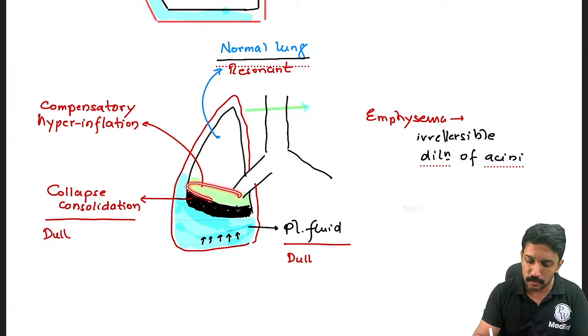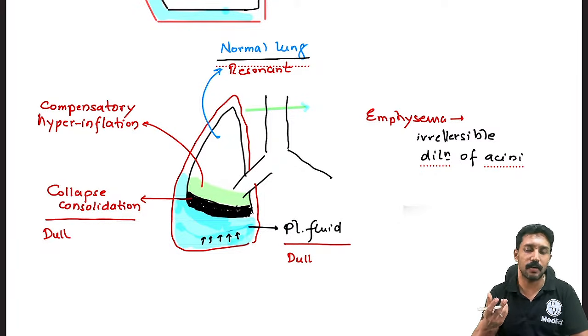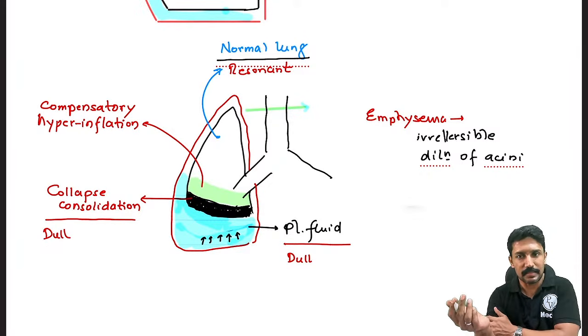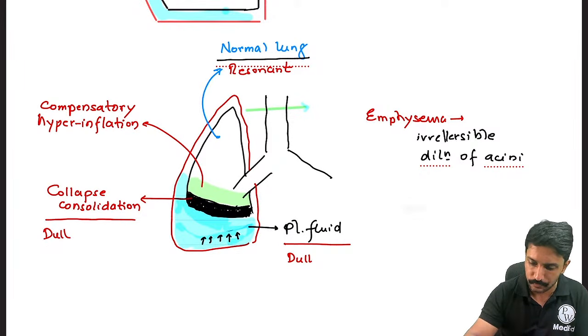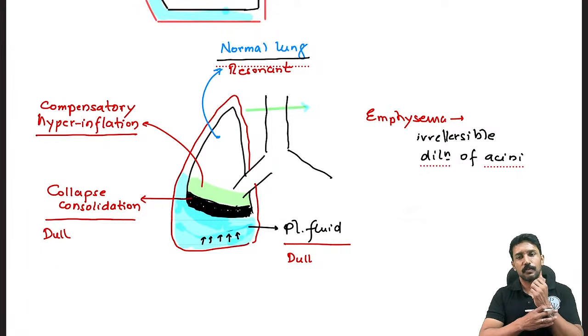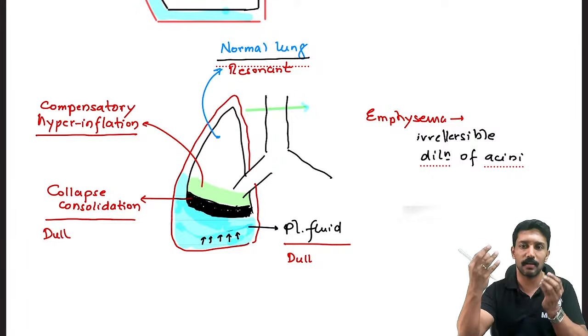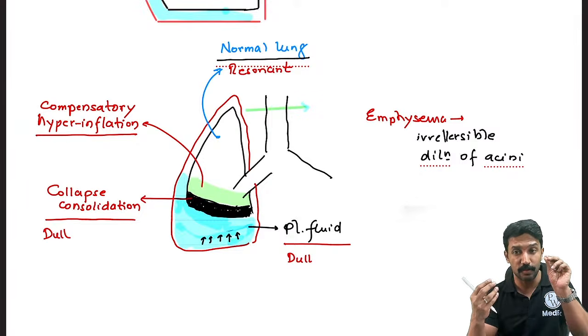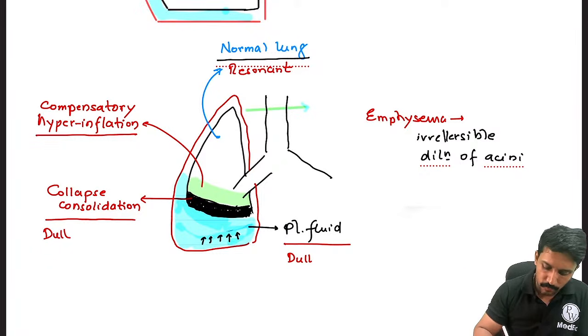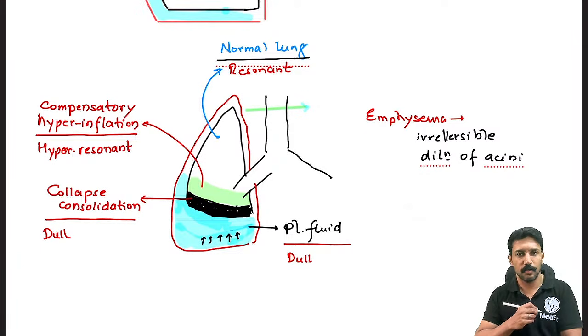But if I percuss over this hyperinflated lung, what note am I going to get? Tracheal shift, yes, I'll come to that. Abhijit, very good. When I percuss over this hyperinflated lung, hyperinflation means more air than normal. Normal air produces a resonant note, more air will produce a hyper resonant percussion note.